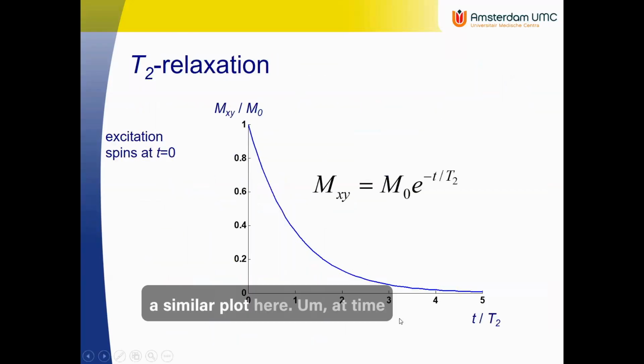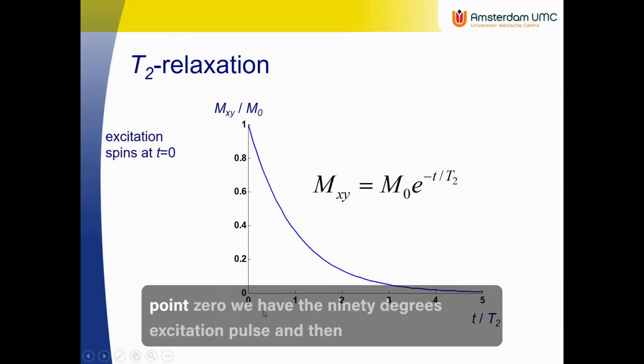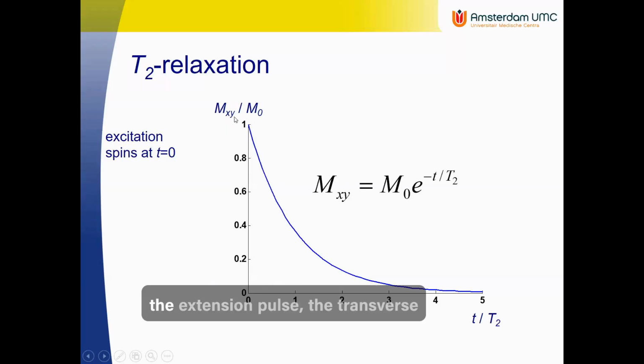So we have a similar plot here. At time point 0, we have the 90 degrees excitation pulse, and then right after, spins are going to go back to equilibrium state. Right after the excitation pulse, the transverse component is high, because the magnetization started off longitudinal before the excitation.